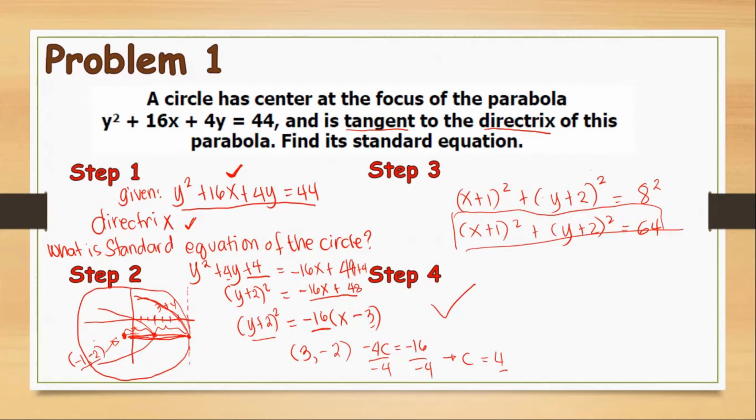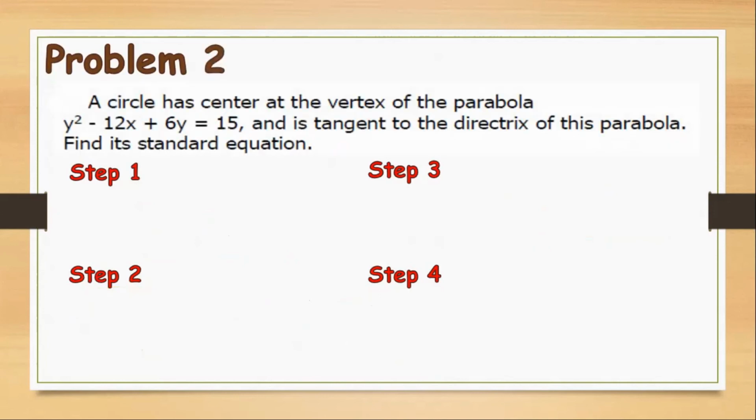Okay, let's continue with problem number 2. A circle has the center at the vertex of the parabola. It is having an equation y squared minus 12x plus 6y equals 15 and is tangent to the directrix of this parabola. So find its standard equation. So what is asked is, what is the standard equation?